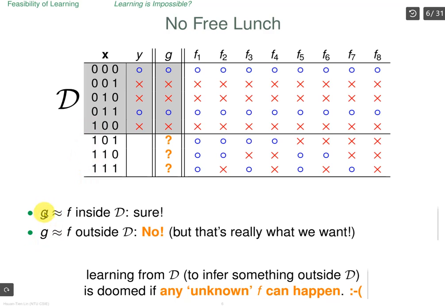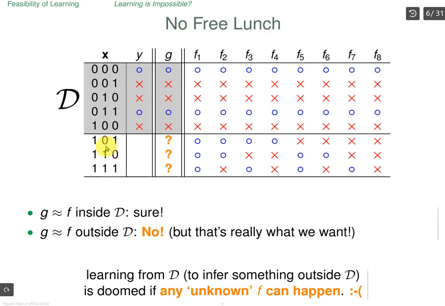We said g approximates f inside the data set D for sure. g approximating f is assessed by in sample error. Well, here g approximating f outside D, we can call it out of sample error, the difference between g and f.